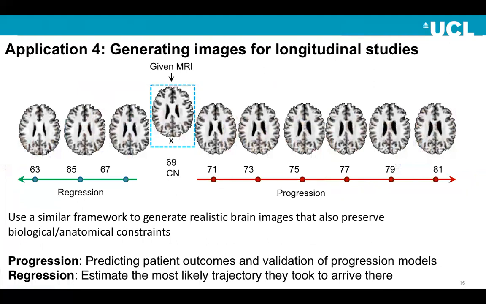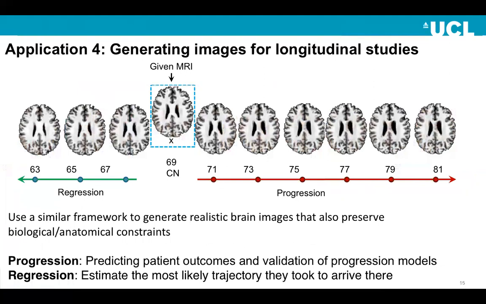So our idea was to use a similar framework to do something more interesting. More specifically, in the same way that the framework is able to generate wrinkles in the face, we thought that we could generate atrophy in the brain, and eventually model disease progression and aging of the brain.